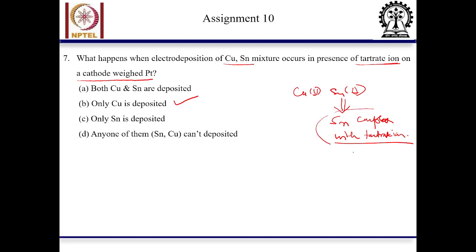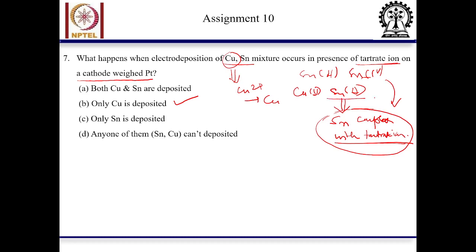So this will remain in solution, and only your copper 2 plus will deposit as copper. Either it will be Sn2 or Sn4, both will form a complex with the tartrate ion. Basically your tartrate is the anion, so it will form an anionic binding species with the tin, and it will remain in the solution, and copper will be free.